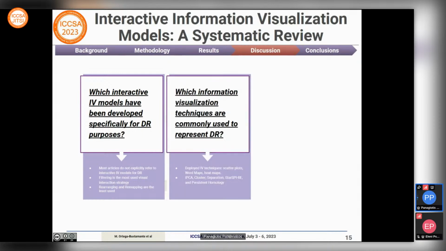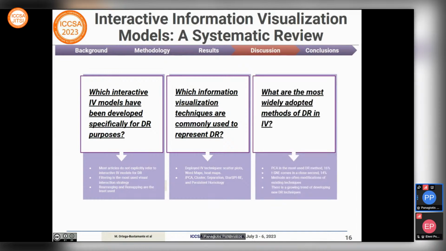For our second question, which information visualization techniques are commonly used to represent DR? Deploying IV techniques such as scatter plots, word maps, heat maps, and ICCSA, cluster separation, and persistent homology. What are the most widely adopted methods of DR in IV?